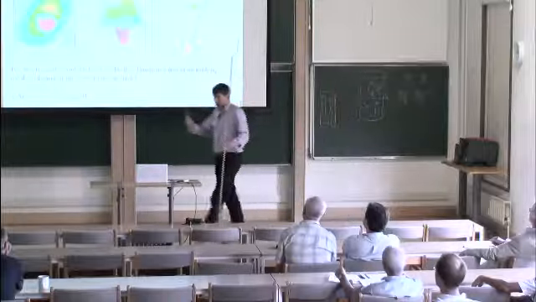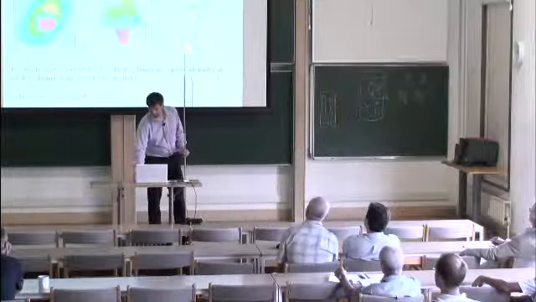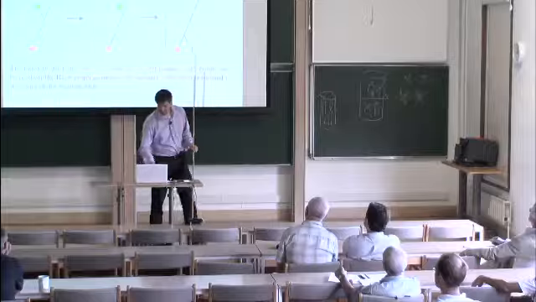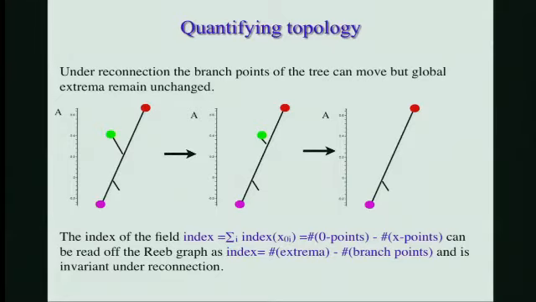So now what happens if I let this thing relax? Now the reconnection in 2D is very simple and occurs on x points. Okay, so what happens here is this x point changes its value until it comes closer to this maximum, and then they annihilate each other.